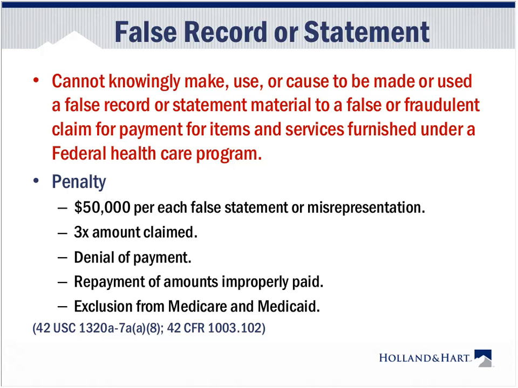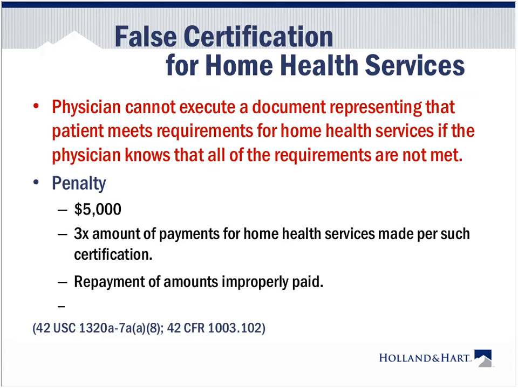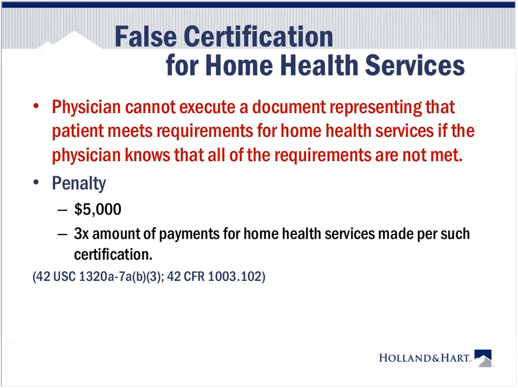The penalty for that is $50,000 for each false statement or misrepresentation, treble damages, denial of payment, repayment of amounts improperly paid, and exclusion. In addition, you could get hit with additional penalties if you have a false certification for home health services. A physician cannot execute a document representing that the patient meets the requirements for home health services if the physician knows that all of the requirements are not met. Penalty for this, $5,000, potentially treble damages.